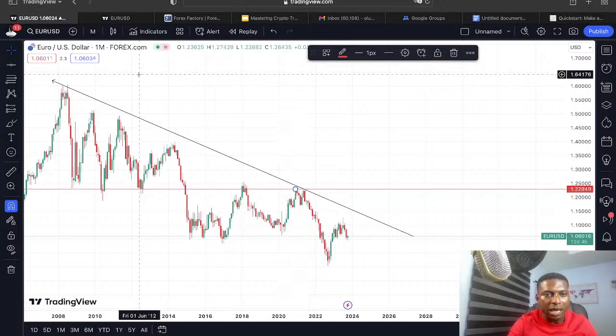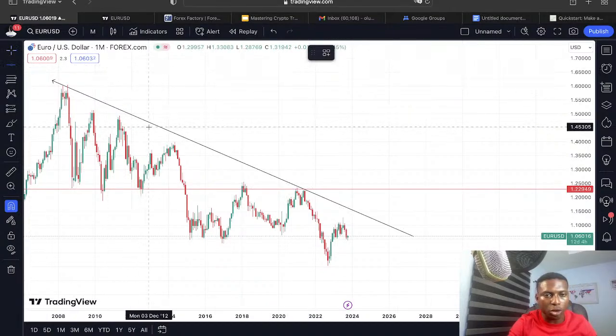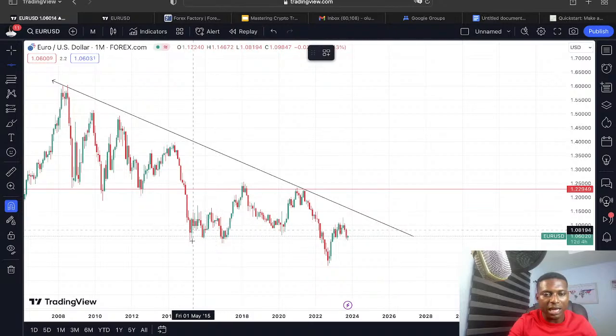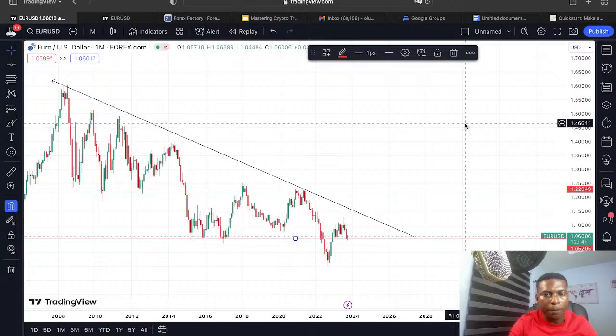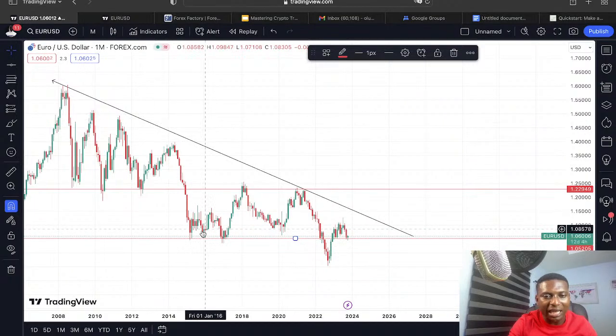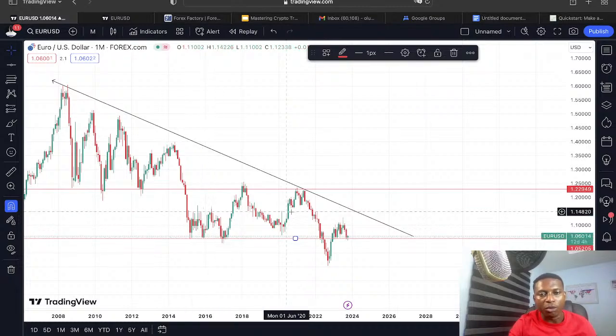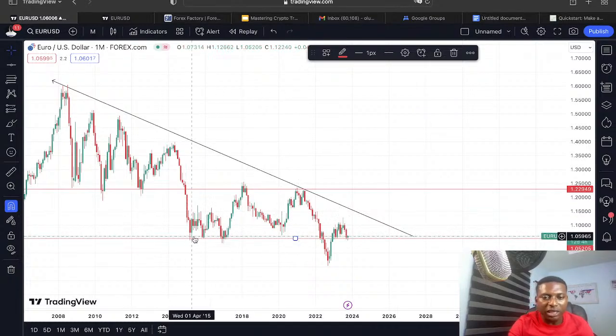The next structure is another support level here. We can also see another support level at this place. What this support level is telling us is that it is keeping price from falling further.